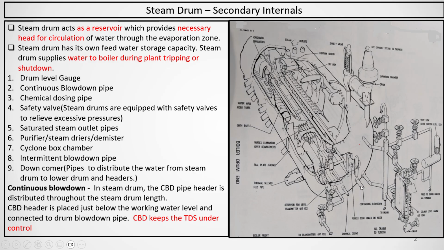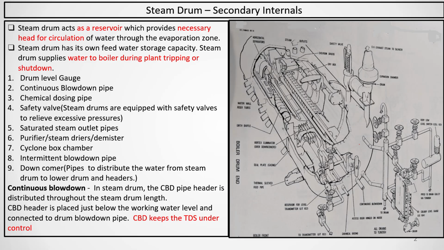Then continuous blowdown. We use a chemical dose inside the drum, called TSP, trisodium phosphate, to maintain the hardness of the water. The hardness means calcium and magnesium salts.